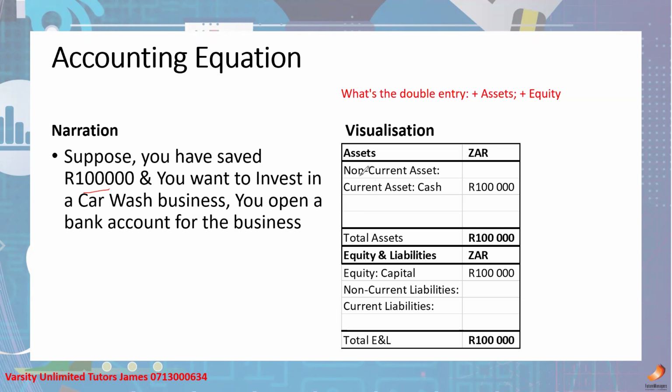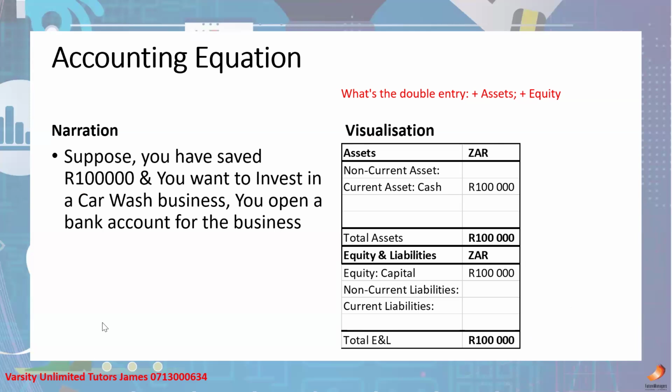You can see there, under assets, I have current asset, cash, 100,000, because cash is a current asset. Then I will also record that I now have equity and liabilities. Under equity and liabilities, do you see there? Equity, the capital contributed, 100,000. So the equity is equal to the what? To the assets of the business. So assets is equal to the equity and liabilities of the business.